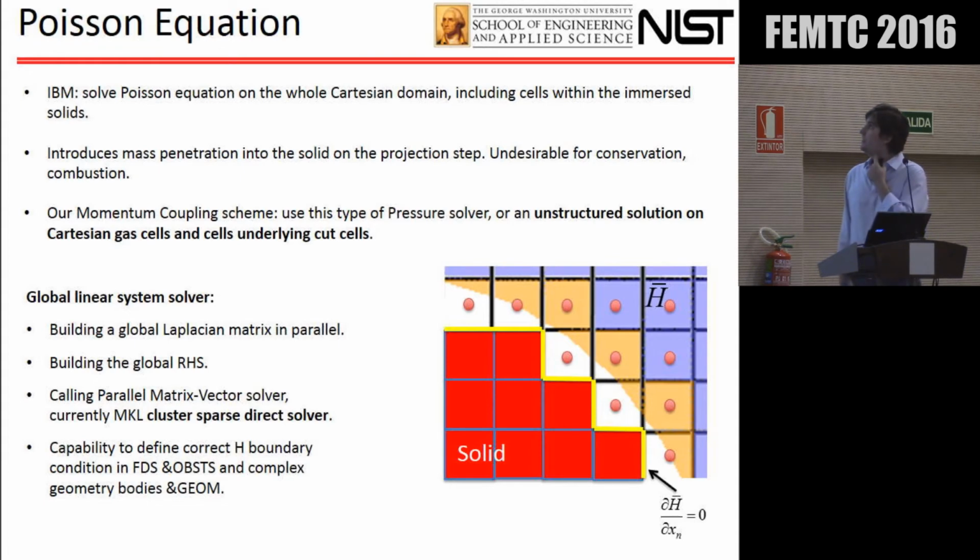This is something we can avoid at a cost, of course, and that is basically defining our solver on the gas phase and also on the underlying Cartesian cells to our cut cell region, employing the right boundary conditions for pressure there. Now, this transforms the problem in an unstructured problem for pressure.